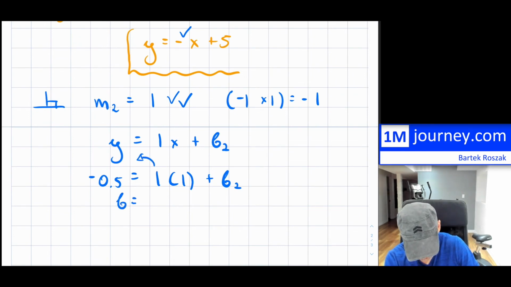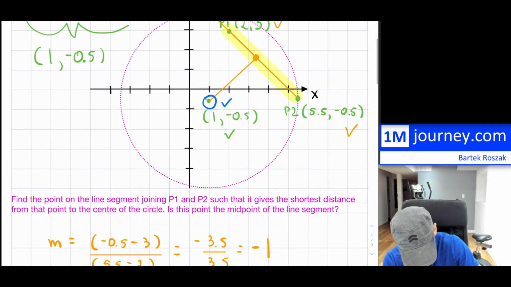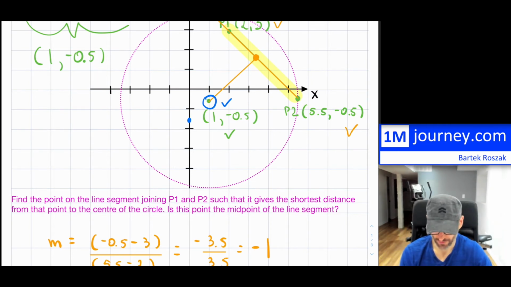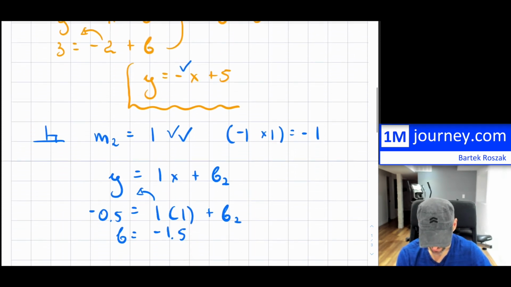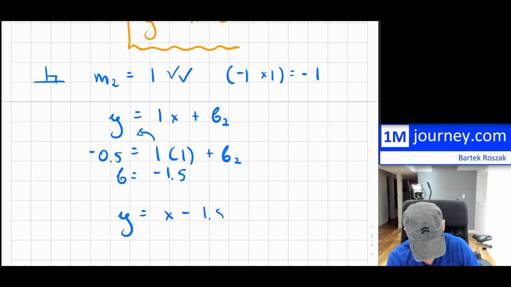I'm going to have b equal to -1.5. And that simply means it's going to swing through that. That's going to be the y-intercept of that line. And now I have found y, which is equal to x minus 1.5.